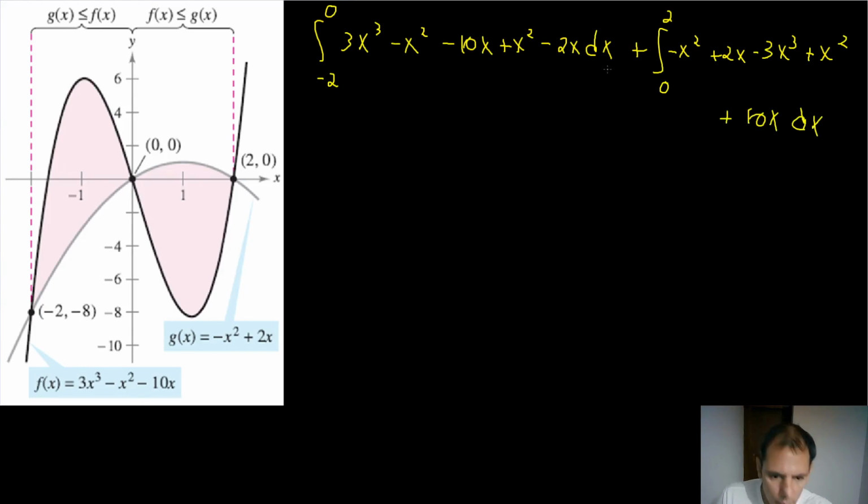Yeah, because the g is going to be on top, so minus x squared plus 2x, and you have to change the signs of the f of x: minus 3x cubed plus x squared plus 10x dx. So let's do this thing here. In here you have a minus x squared plus x squared, so cancel this. And minus 10x minus 2x is going to be minus 12x.